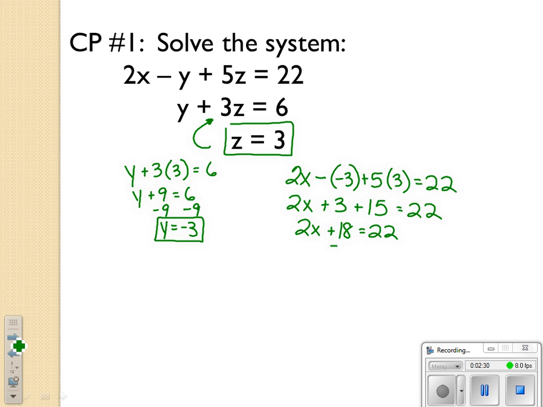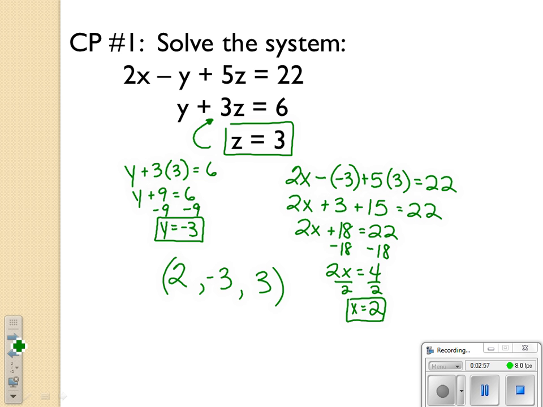Now we can get rid of the 18. 2x ends up equaling 4. Last is to divide away the 2, and x equals 2. So we have numerical values for each of our variables. The answer to this solution then is stated this way. Our x value, y value, and z value, written as such.